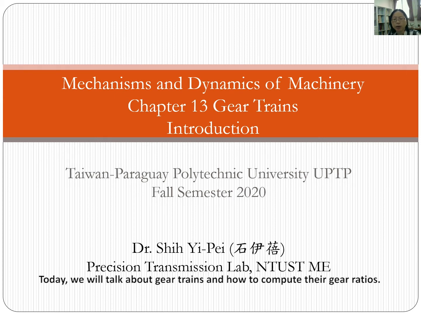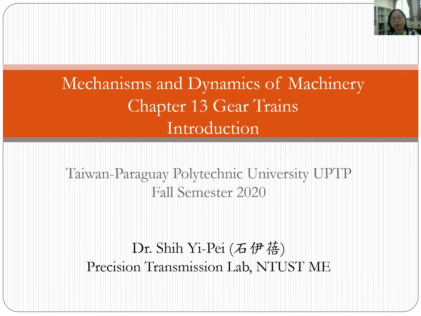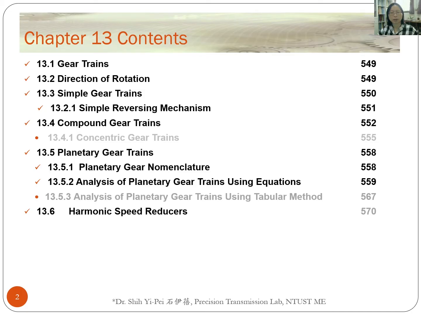Today, we will talk about gear trains and how to compute their gear ratios. In general, gears are of interest to designers only when they are used in pairs as motion and force transducers.